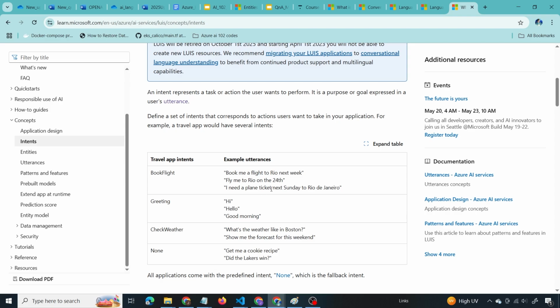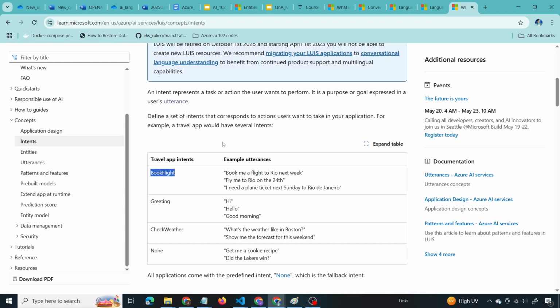For example, an utterance like book me a flight to Rio next week is an input instruction from the user. And fly me to Rio on the 24th is another pattern of a similar utterance. From these utterances, the model has to identify the intent, which is book flight.